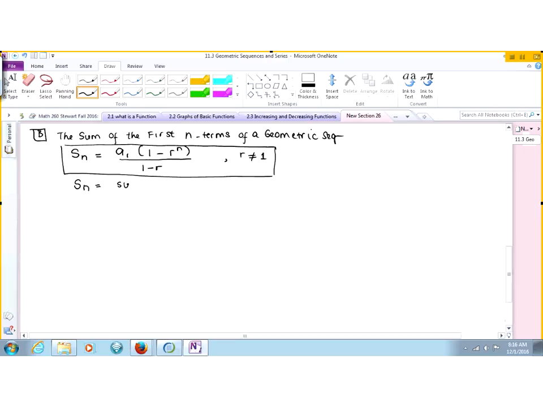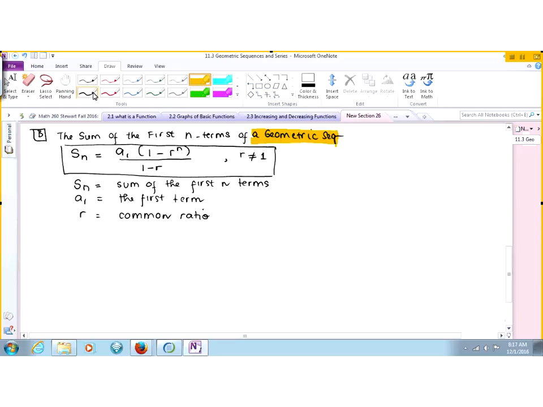So what is Sn? So Sn is the sum of the first n terms. What is A1? The first term. So we're talking about geometric sequence here. Do you remember we have two formulas for the arithmetic? Yeah, so this is formula for geometric. And R is the common ratio. So here, everything is for the geometric sequence.